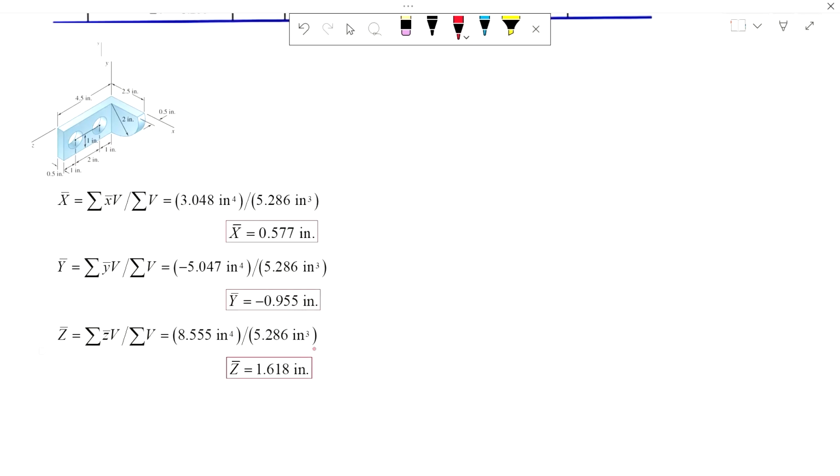Yeah, they got 1.618. Okay, good. So this is how you compute the centroid in 3D for regular objects.